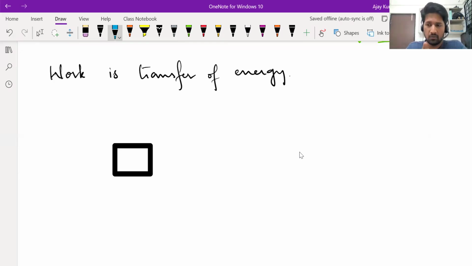Now, if you need to transfer mechanical energy from one system to another, a force must be involved. A force is needed to remove energy from one system and give energy to the other system. So basically, work is done by forces.